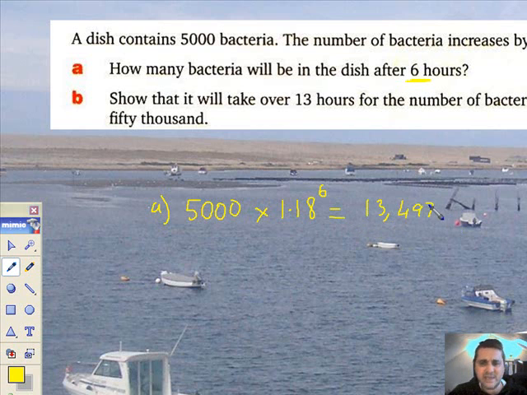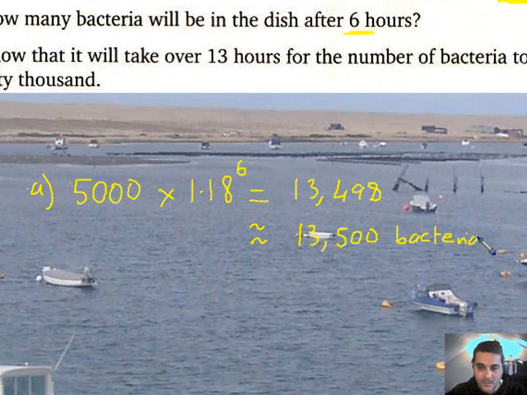Well, I don't want 0.7 bacterium, so I'm going to round it off, which is approximately 13,500 bacteria. Okay, it's more sensible to round it off like that. The original question is to one significant figure, so I'm happy to go 13,500 bacteria. Happy day? Okay, that's it.